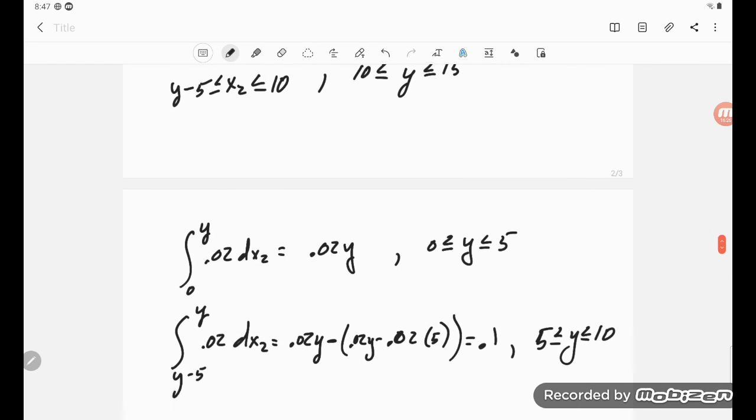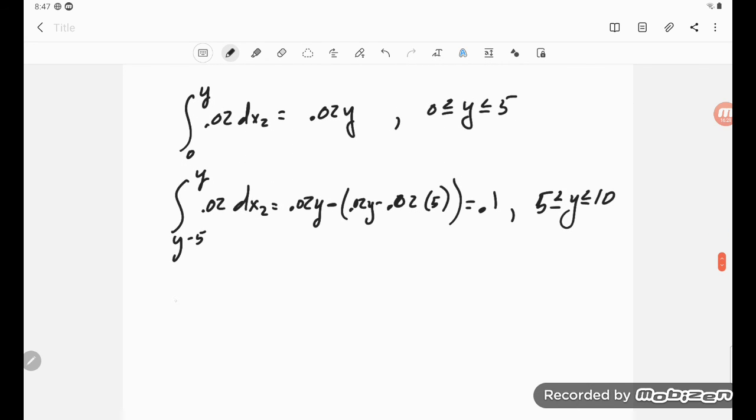And then finally we have our integral from y minus 5 to 10 of 0.02 dx2. So we get 10 times 0.02, which is 0.2, and then minus our 0.02y, and minus 0.02 times 5, which is 0.1.